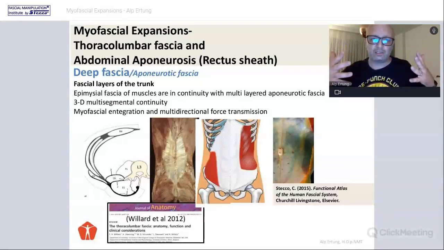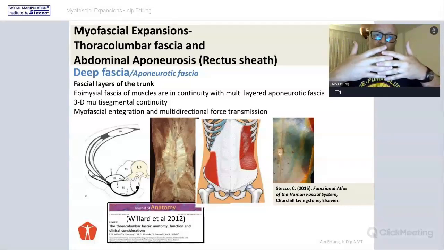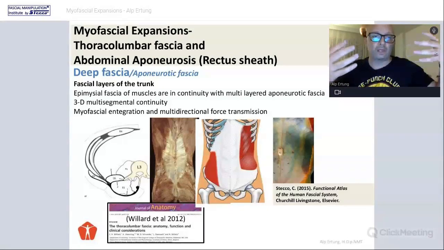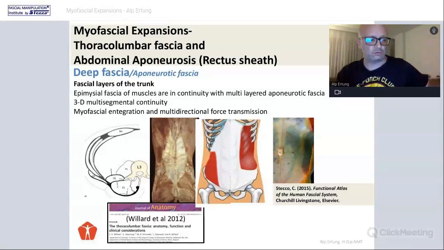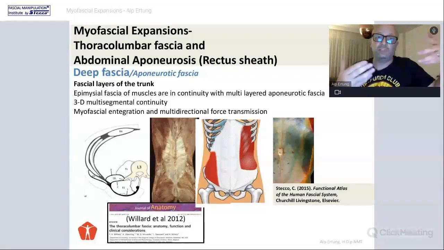So these flat muscles, with the epimysial fascia of these flat muscles, are connecting with each other, and these special structures are there, the abdominal aponeurosis and thoracolumbar fascia, and these structures are in continuity, and they are multi-layered structures.